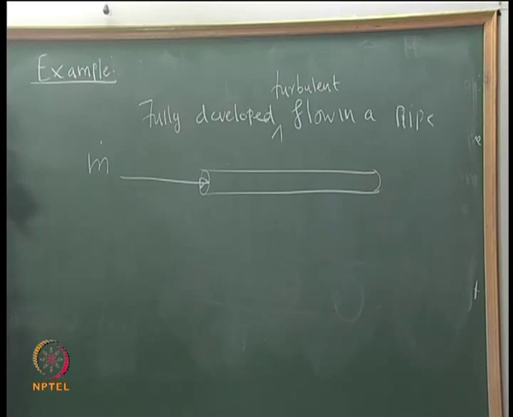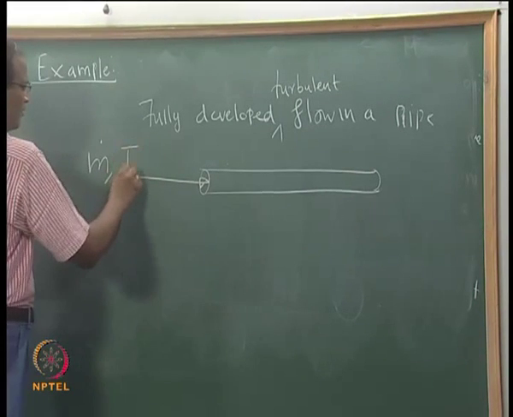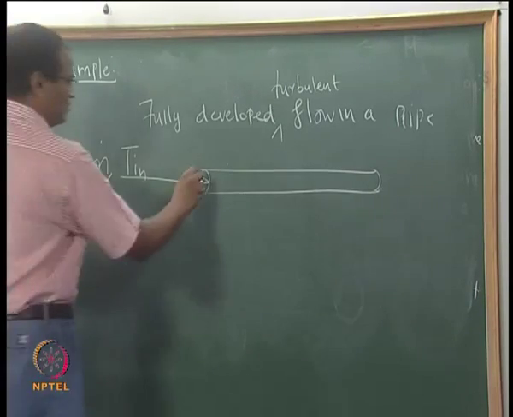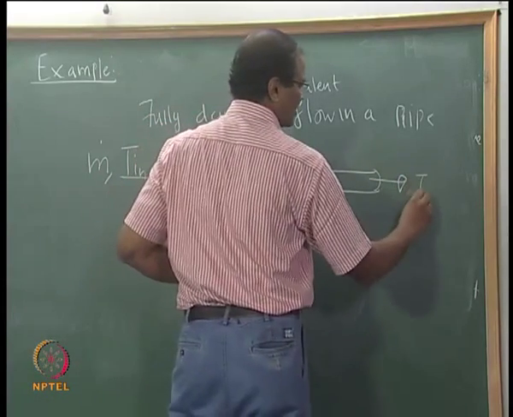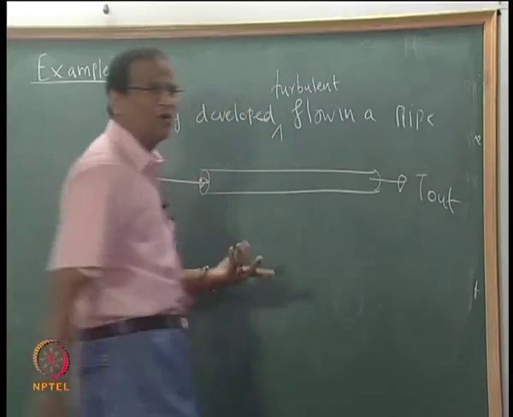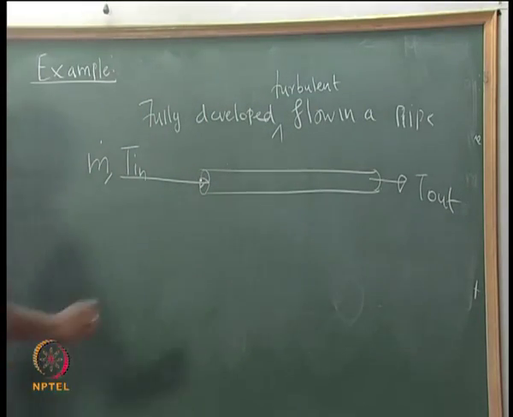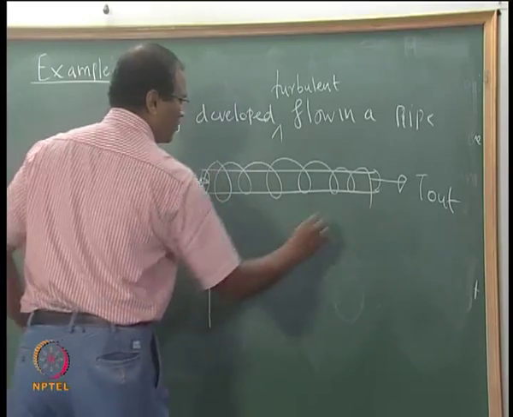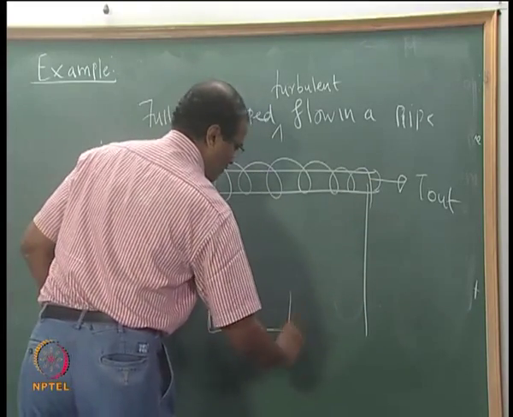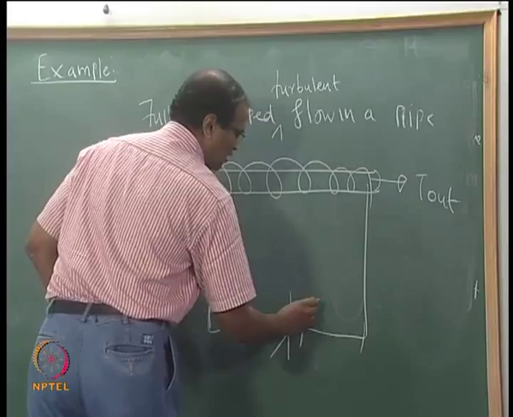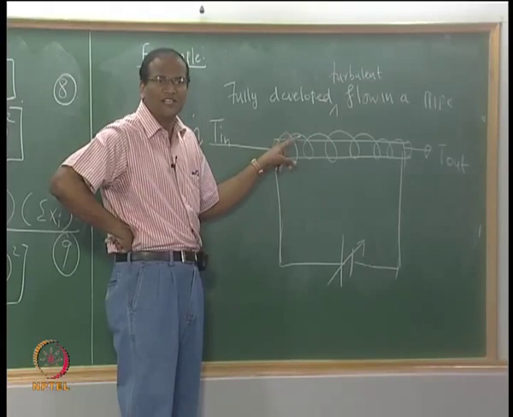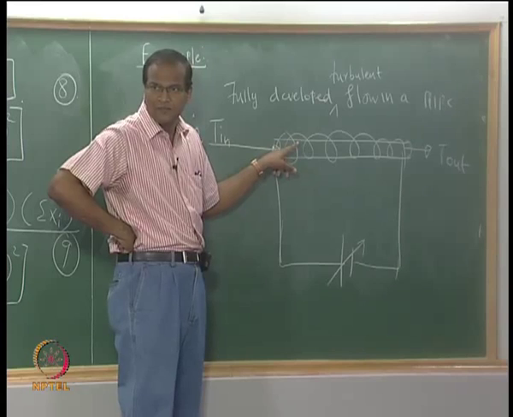I send water at the rate of m dot. I can measure the temperature at the inlet using a thermometer, thermocouple or what have you. Now I can wrap it up with an electrical heater. I can vary the power. It is also possible for me to individually control so that I have a constant temperature on the outside, correct.